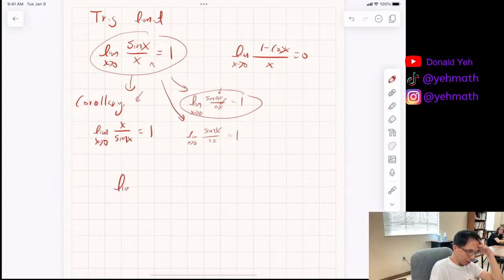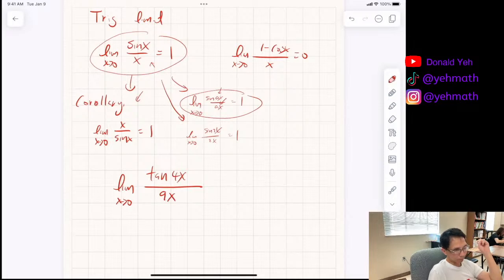Now we're going to produce a question, and this question is a little bit hard. We take the limit as x approaches 0 of tangent of 4x over, let's say, 9x.